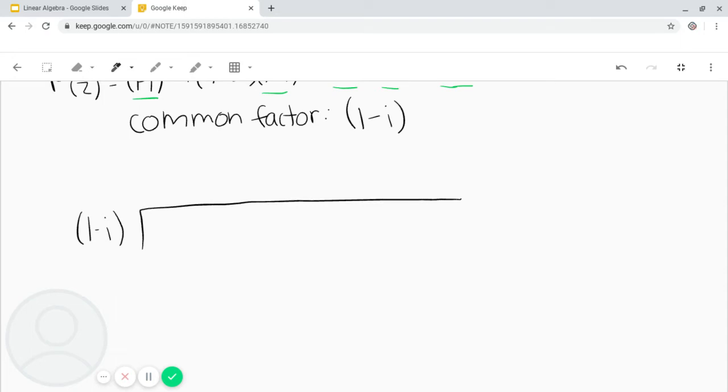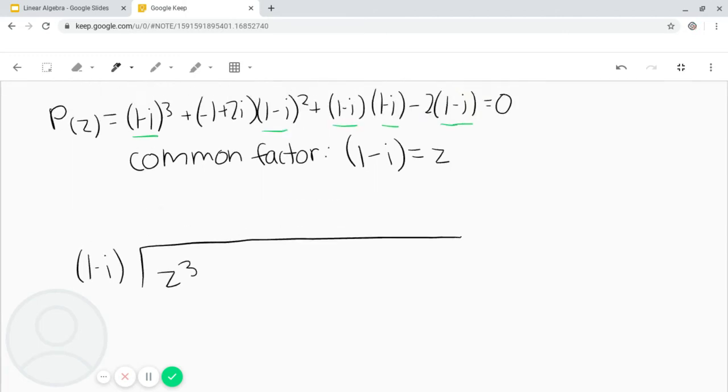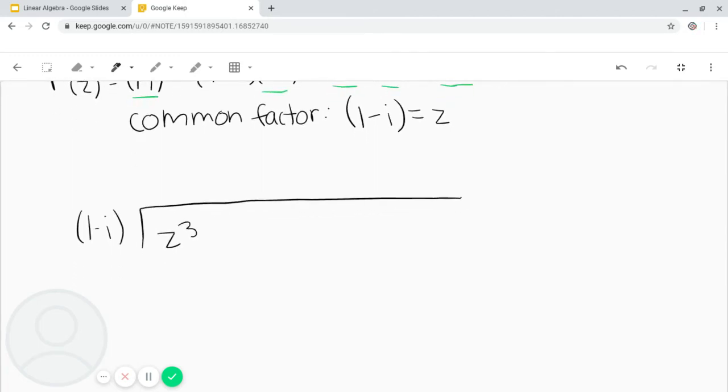And then we're going to be dividing, and I'll just say this is equal to z cubed plus negative 1 plus 2i, z squared plus 1 minus i z minus 2 minus 2i.